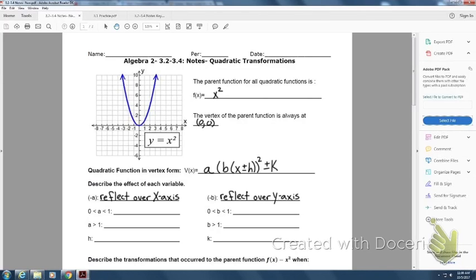The A value. If the A value is between 0 and 1, what did that do? Vertically compressed. And if the A value is greater than 1, then it did what?